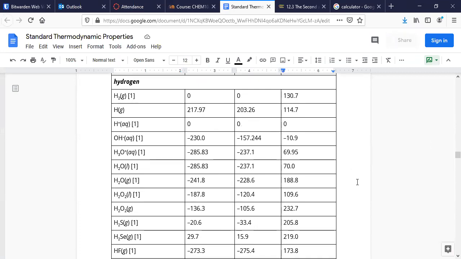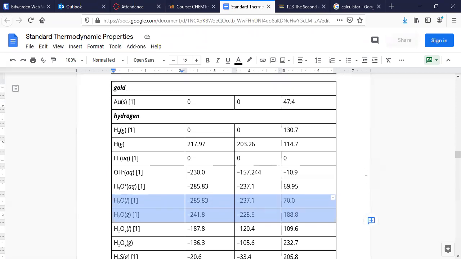I spend a lot of time looking at the values on this table. I'm going to spend more time looking at the values on this table as I move forward. Okay? And I really value having this table around, and I make sure that I distribute this table to each of y'all who are actually doing work dealing with this material. Here are my lines for liquid water and gaseous water.